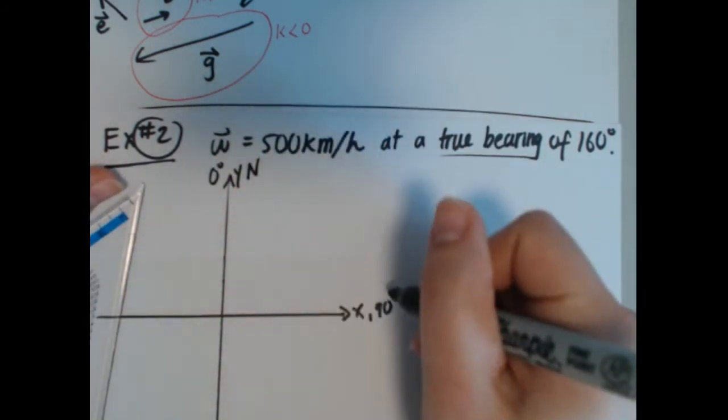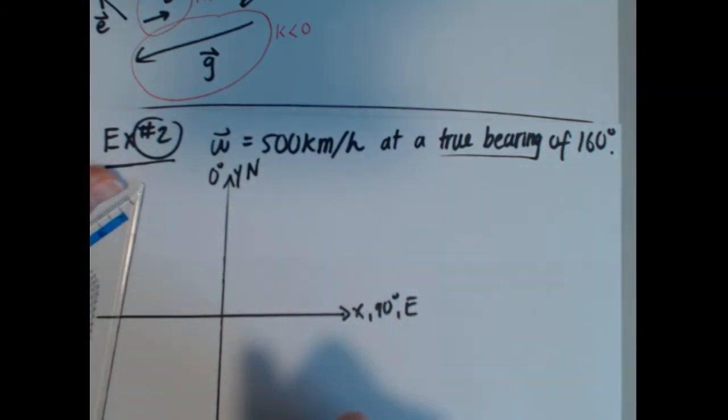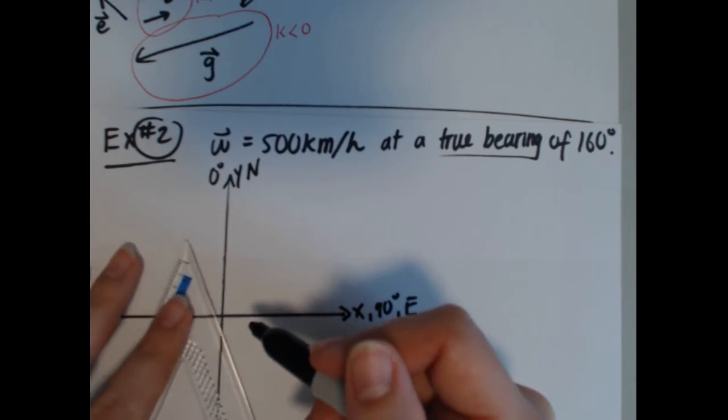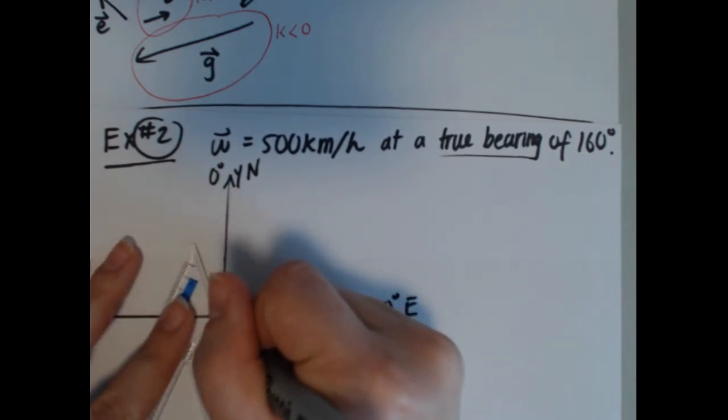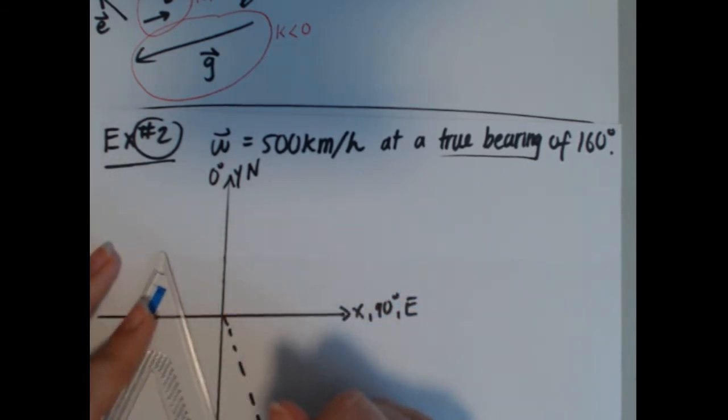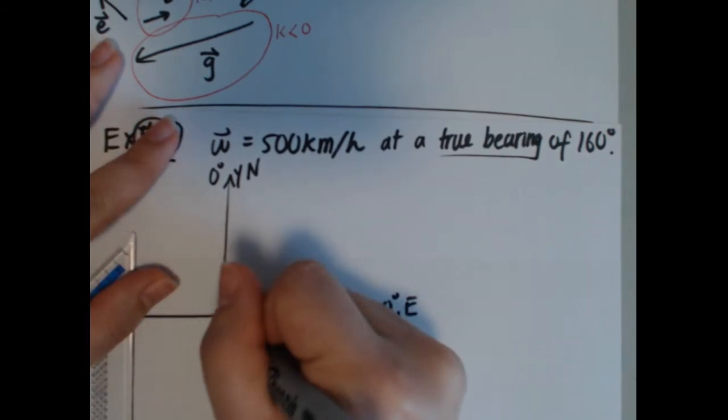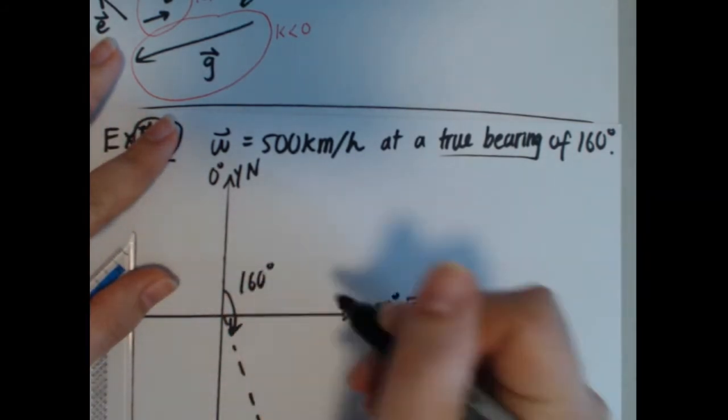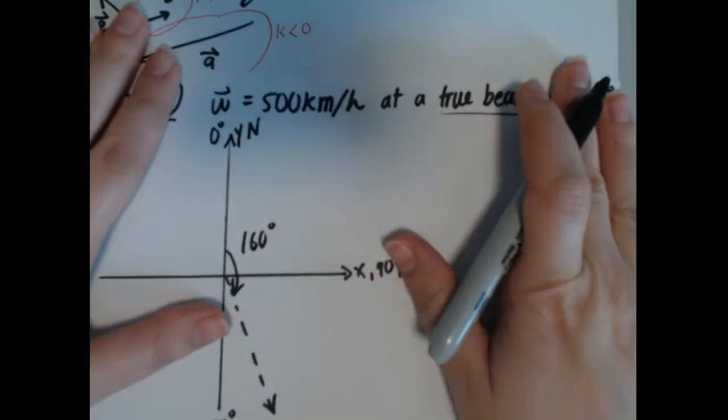We've got north up here, east, and down here would be south. This is 180 degrees. So 160 is about in this quadrant right here. So we've got 160 degrees.